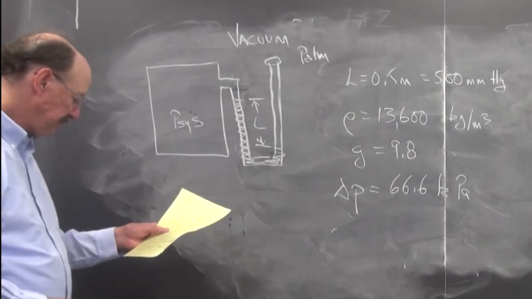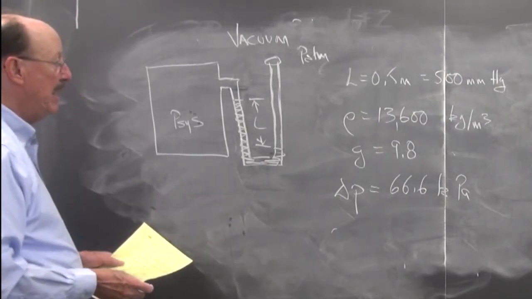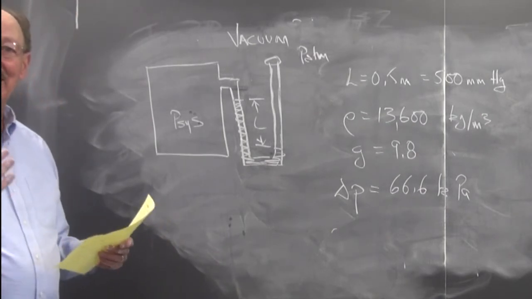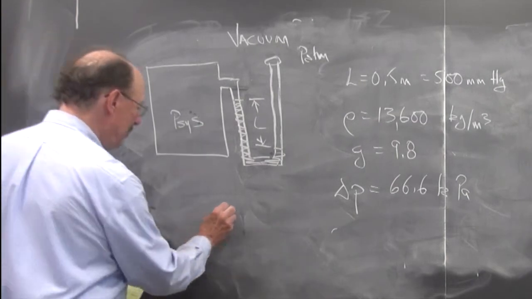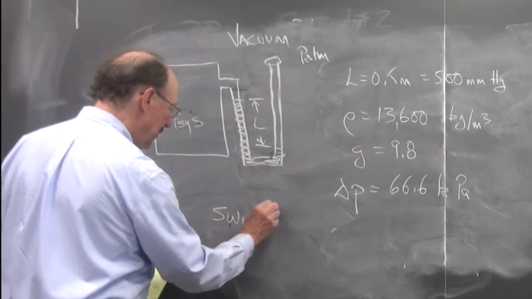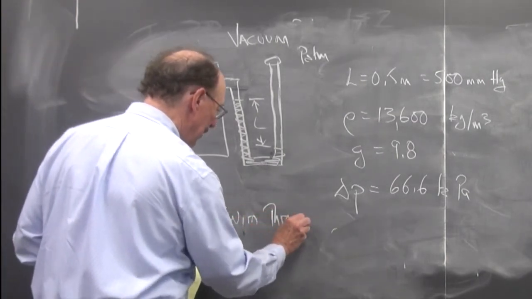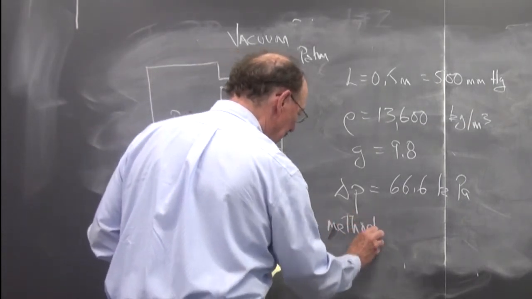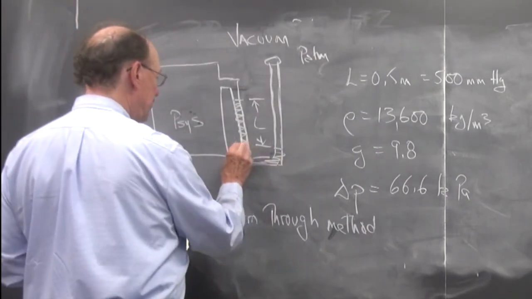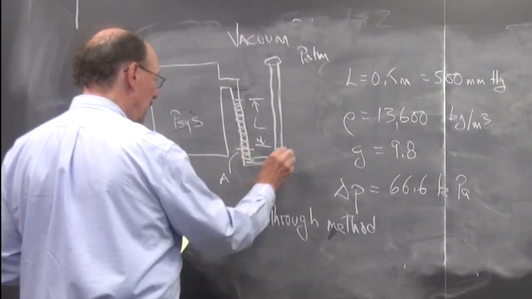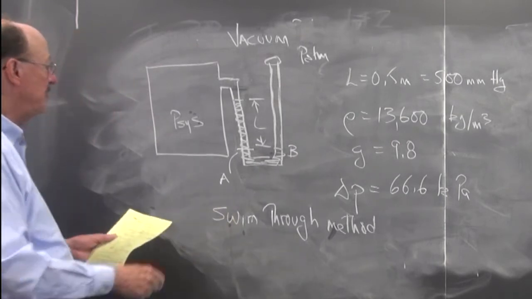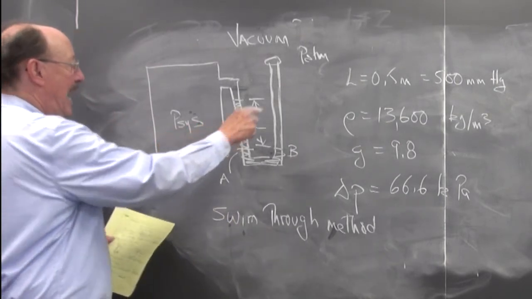And now, P system, and I want to talk about something that I call the swim-through method of determining pressure. So we'll do a swim-through. I could let this be A. And what I'm interested in is P system, and I know P atmosphere.